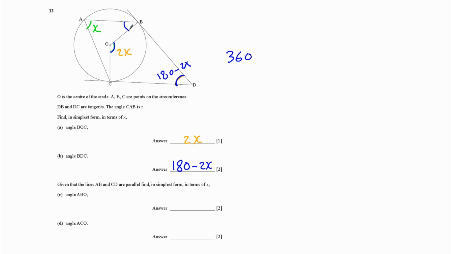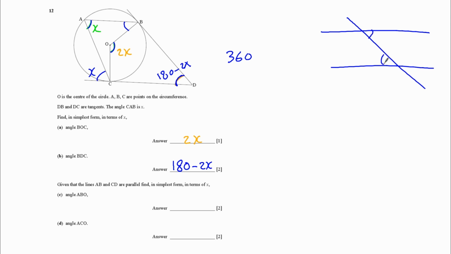Given that the line AB and CD are parallel, you have to make use of that sentence. AB and CD are parallel. That means that I can basically say that this angle X equals this angle X. The reason is that if I have two parallel lines and a line that intersects both of them, this angle and this angle are equal because they are alternate angles.